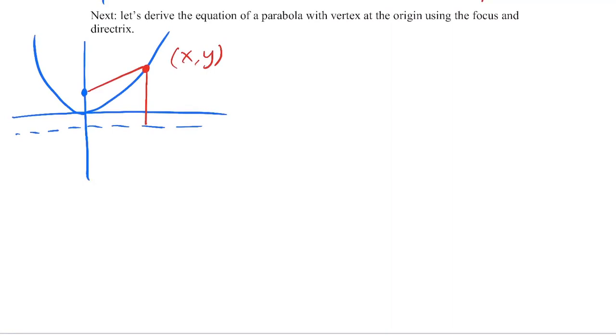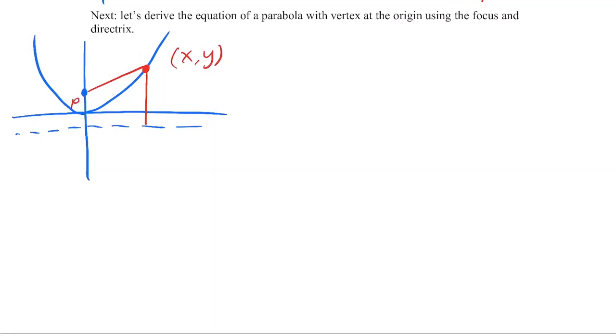Now, what are the coordinates of our focus? Remember, our focus lies right here. Well, the coordinates of the focus, we said that the height right there was length p.